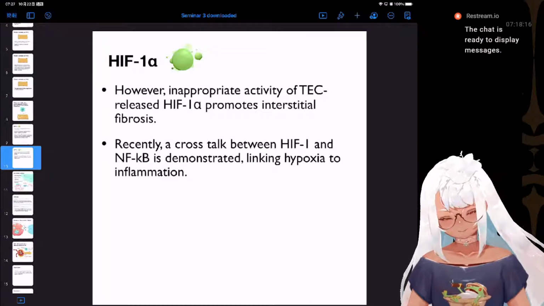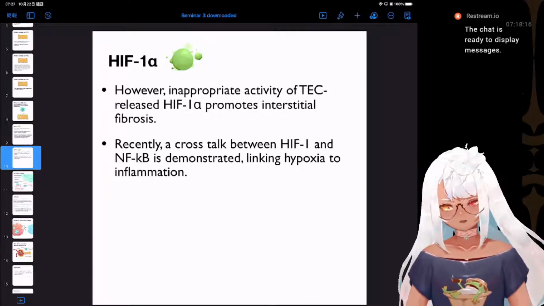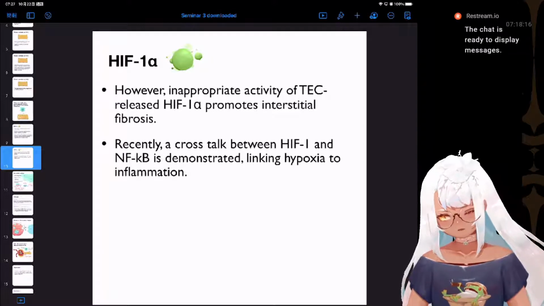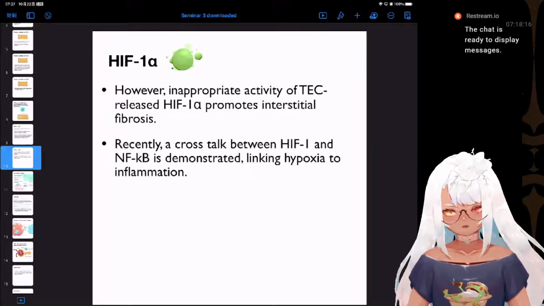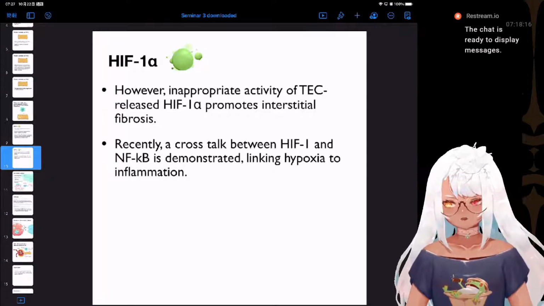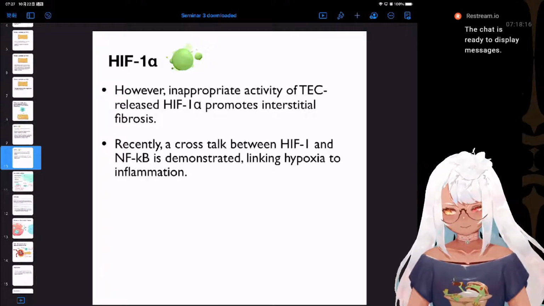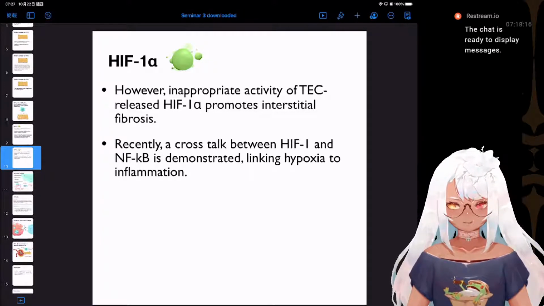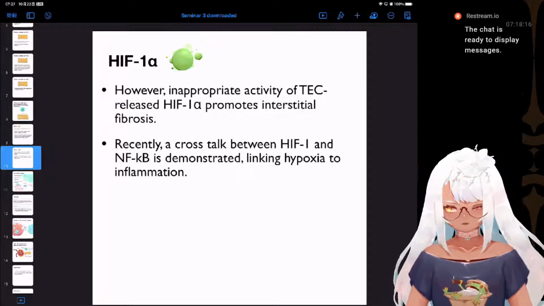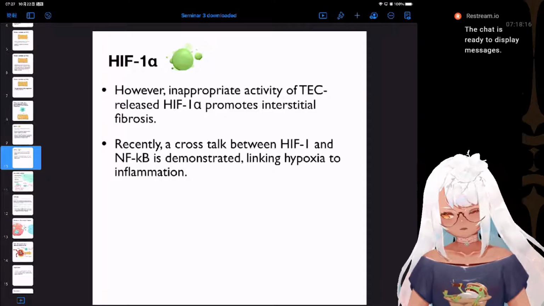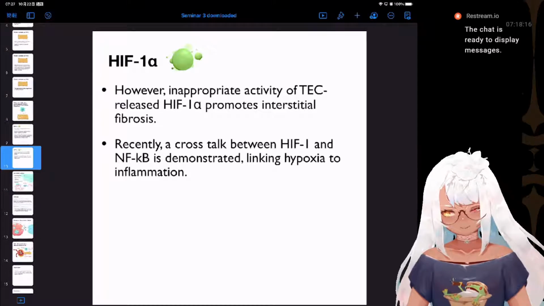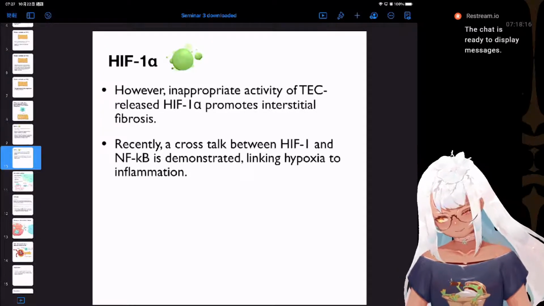However, it is reported that inappropriate activity of TEC-released HIF will actually promote interstitial fibrosis. Furthermore, there is a crosstalk between HIF1 and NF-kappa B, which links hypoxia to inflammation.